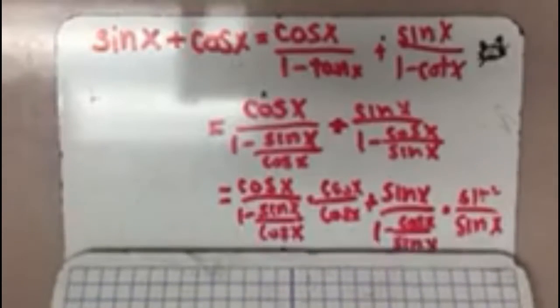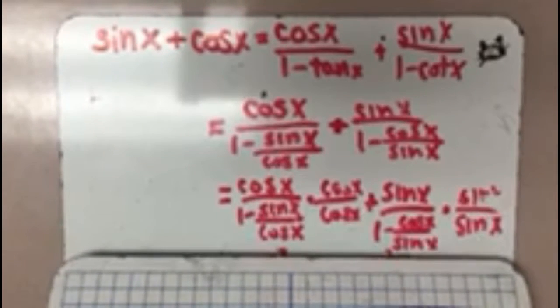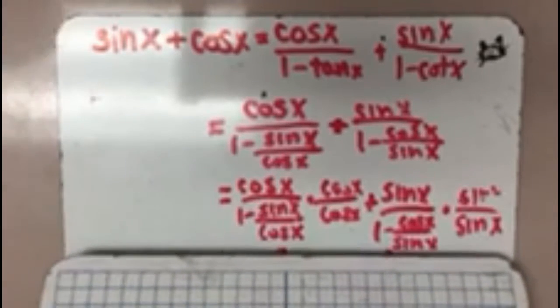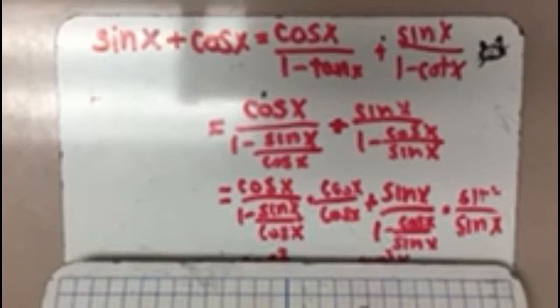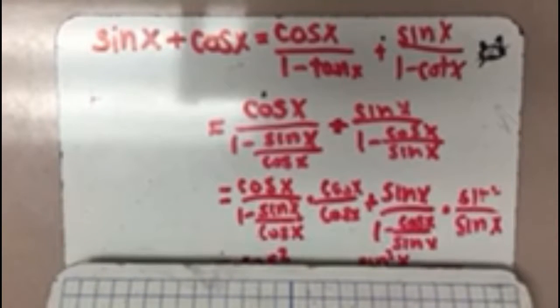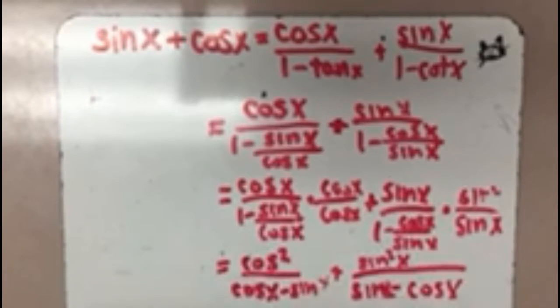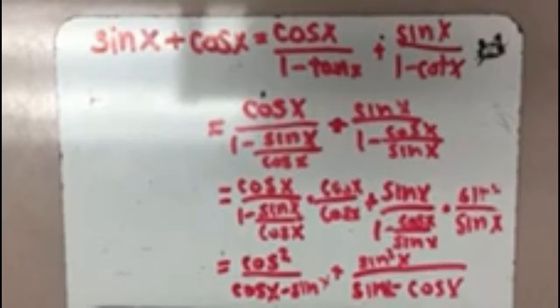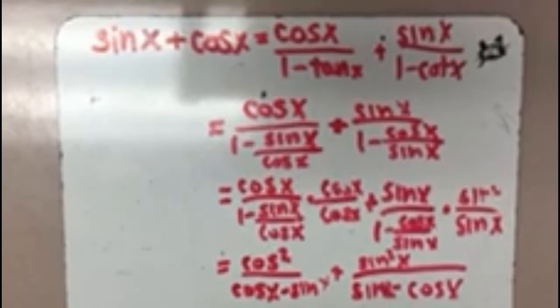And the next step would be to get the fractions out of the denominators. So you multiply the first term by cosine x over cosine x and the second term by sine x over sine x. So that would make the equation cosine squared x over cosine x minus sine x plus sine squared x over sine x minus cosine x.